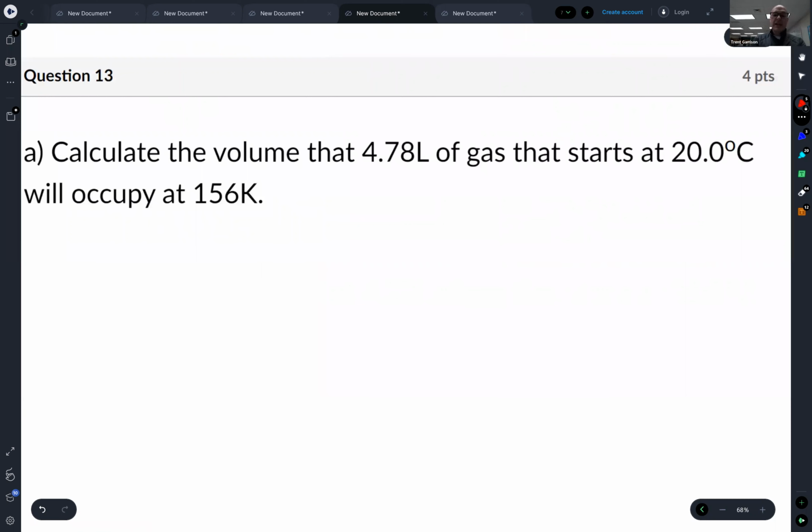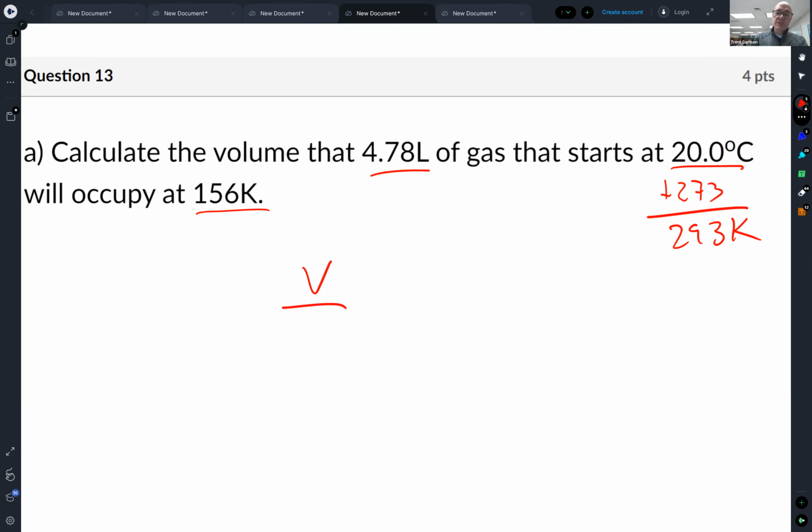Number 13. Calculate the volume if I have liters, temperature, and a second temperature. So I've got to make sure all my temperatures are in Kelvin. So that's 293 K. And so I end up with having V over the starting temperature, 293. So I have 4.78. What I need to know is what happens if it now occupies 156.